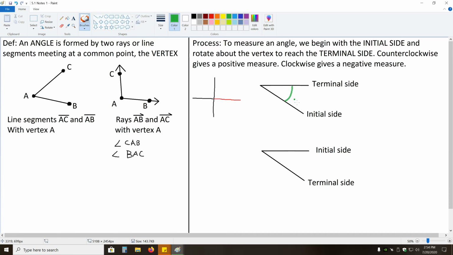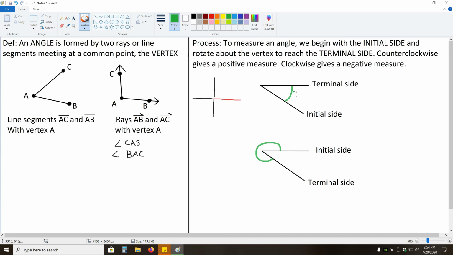But you need to make sure that you are starting with the initial side. Looking at this first example, it's pretty obvious that that's what the angle would be, but in the second example, the angle is a bit different than you would think. Starting at our initial side and rotating counterclockwise, we end up getting this value in green as the angle.